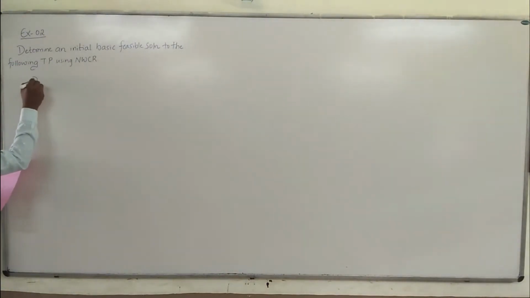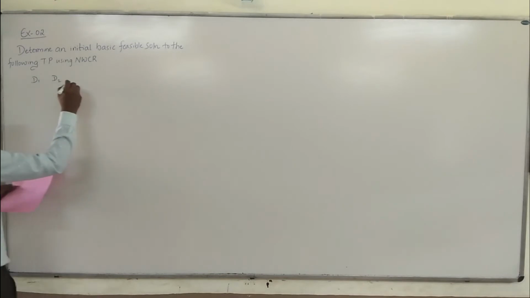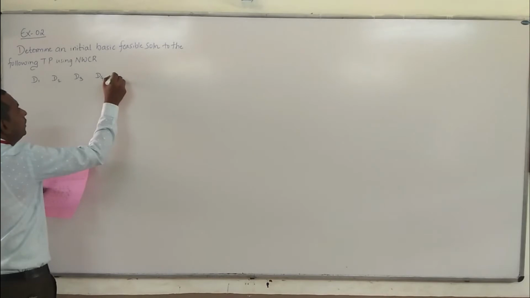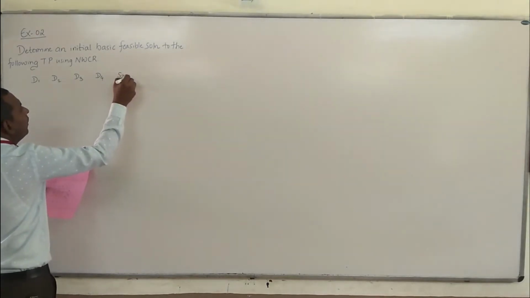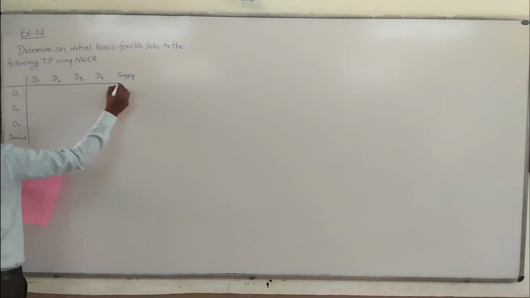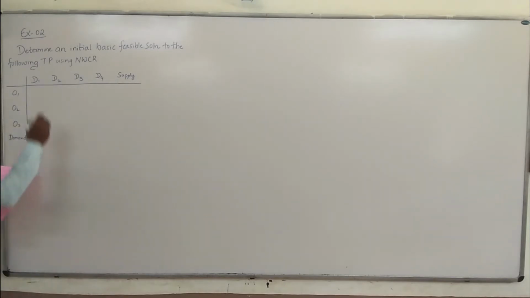That is D1, D2, D3, followed by D4, and followed by supply. Whereas here it is O1, O2, O3, and followed by demand.